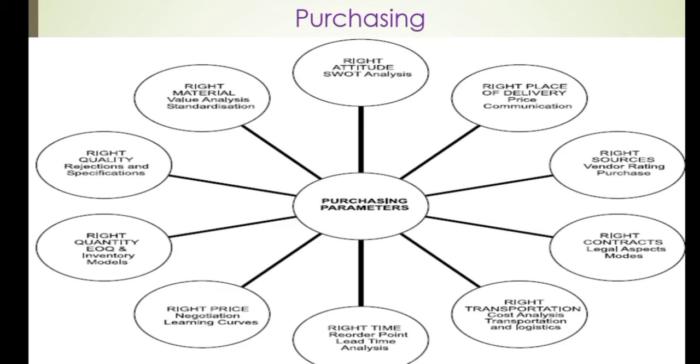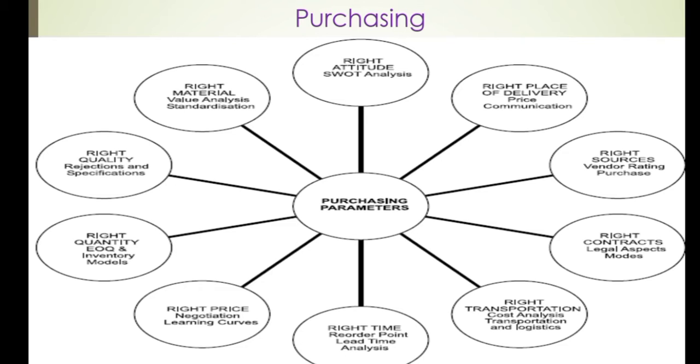Then the right contracts along with the legal aspects, modes, the right transportation, which comes after analysis of cost, transportation, and logistics. Then the right time, the reorder point and the lead time must be analyzed during the disposal and receiving time of material.